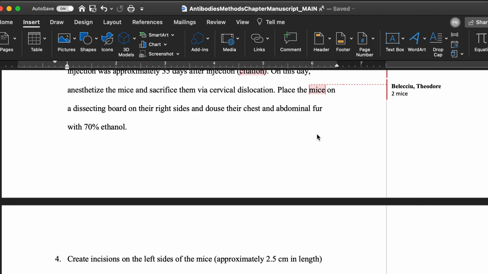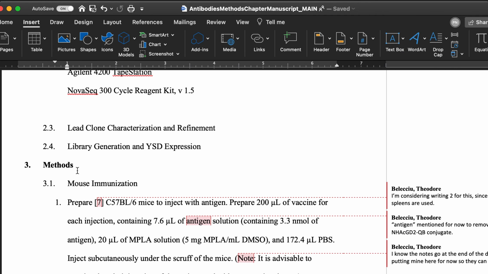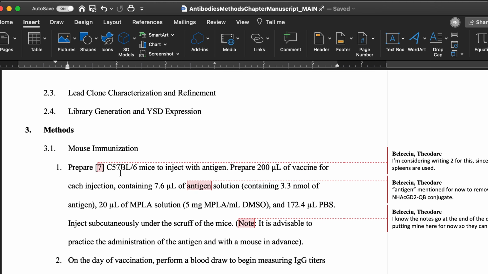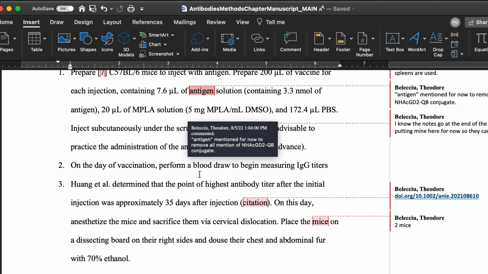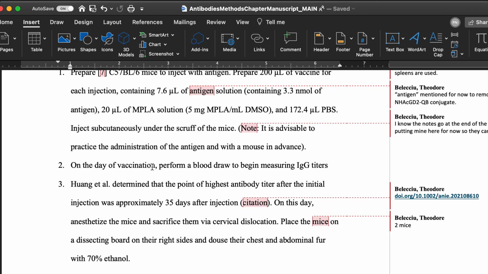So I began writing in the methods section, the mouse immunization, using the list of reagents she supplied in the answer document to my questions, as well as some additional protocol documents she supplied.